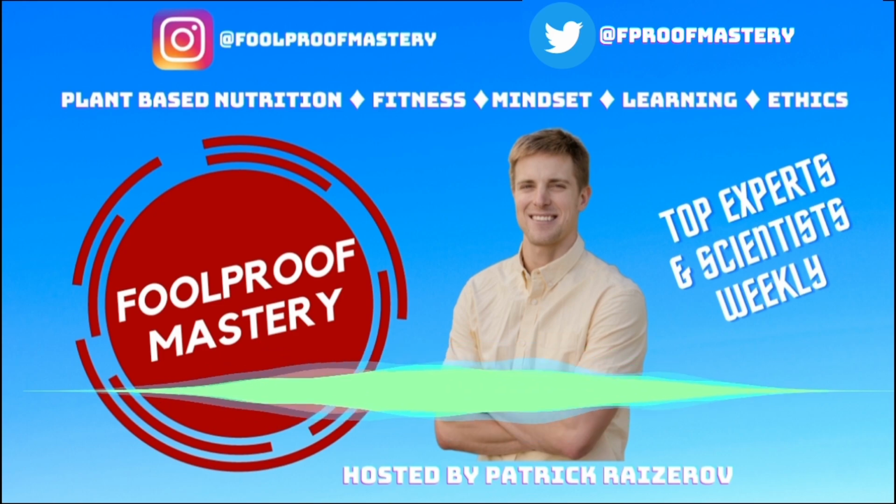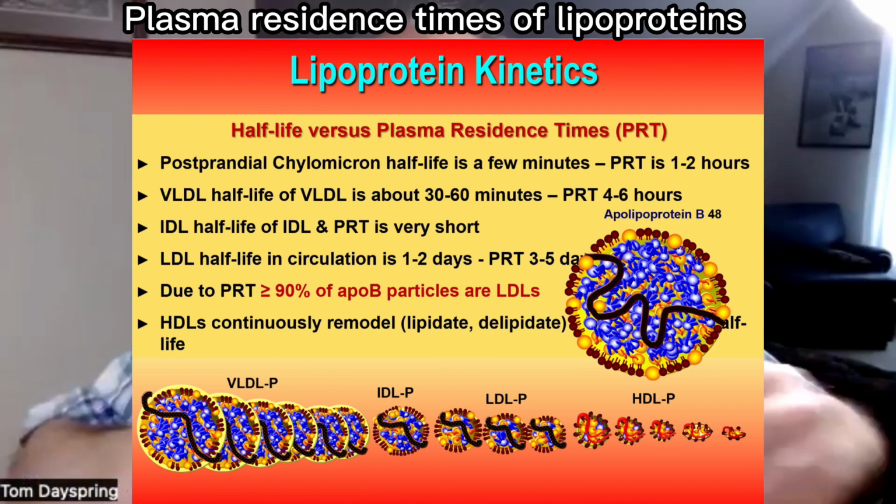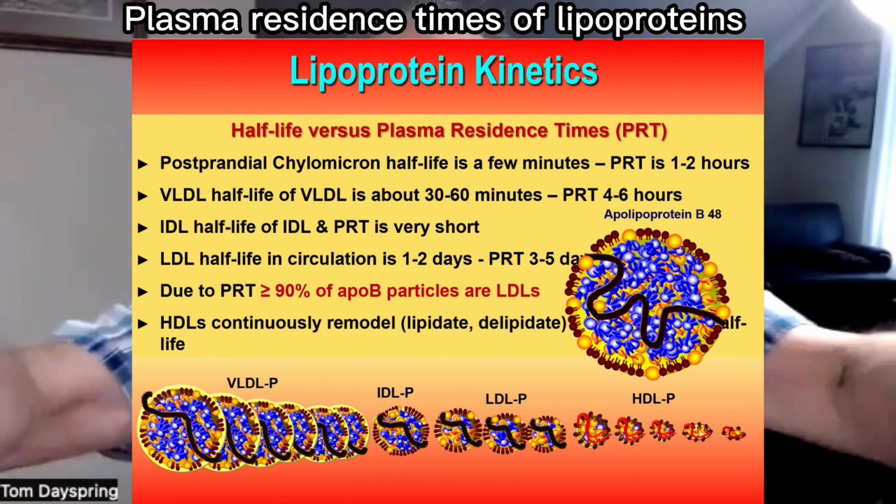Let's get into it. Okay, so with the ApoB particles, VLDLs and LDLs, they have what we call plasma residence times. Once they leave the intestine or the liver, how long do they float around in your plasma before they are returned to the liver or intestine and catabolized?